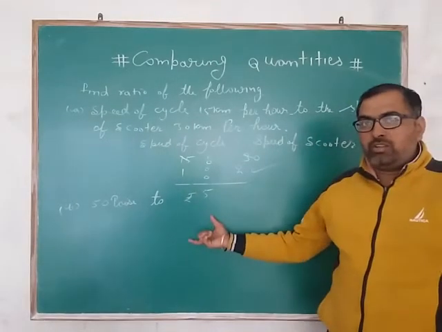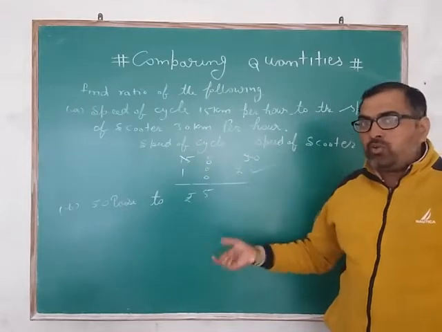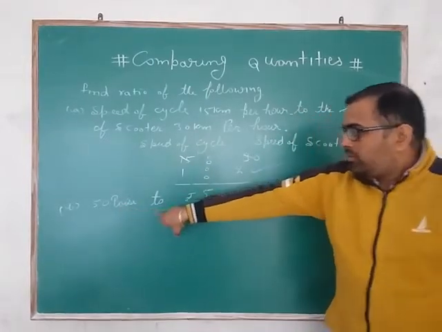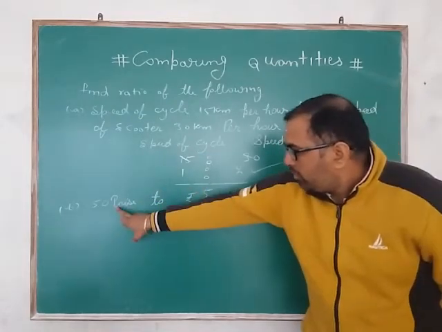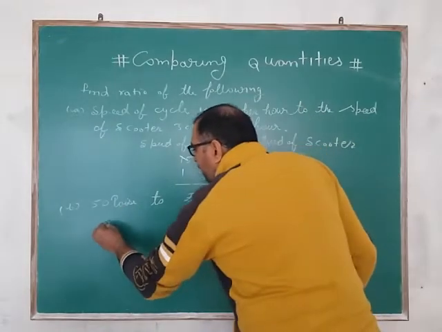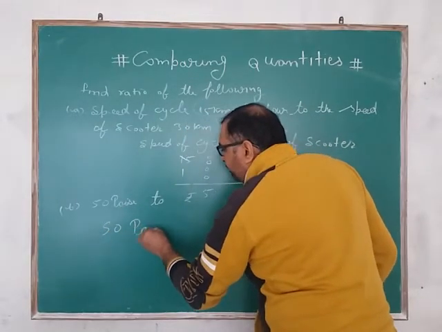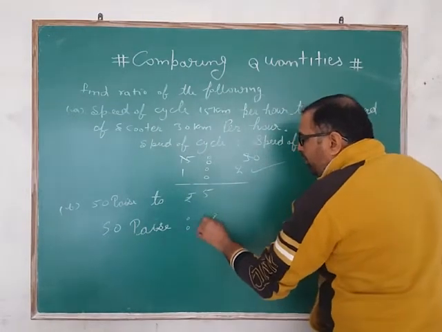In the second question, we cannot find the exact ratio before converting. You have to convert both to the same unit: one is in paisa, but the other is in rupees.